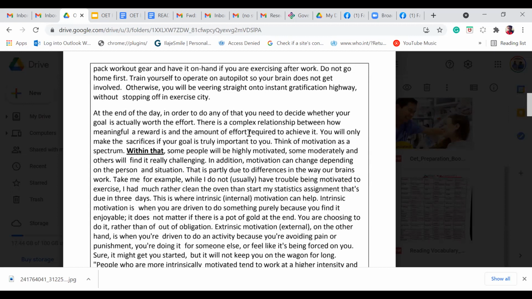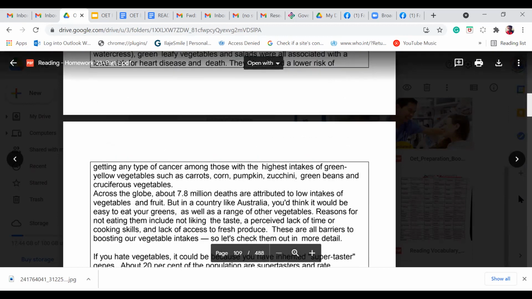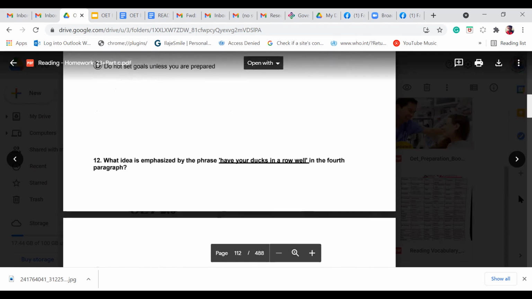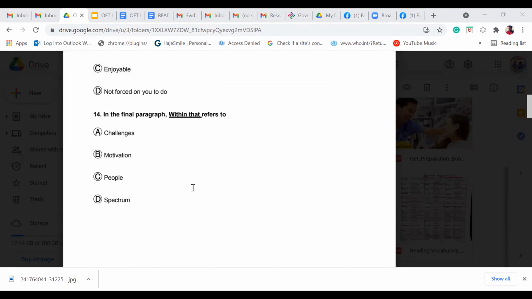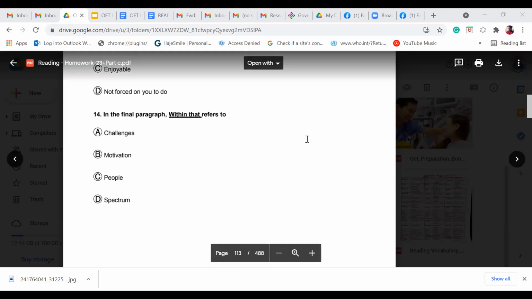So what are we talking about? I found my answer. What is your answer? 14, A, B, C, or D? The answer is D. Yeah, it is D, 14D. That's very right. So D is talking about it as a spectrum. If you agree with me that D is the answer for question 14, put it in the chat box or in the comment section. If you disagree, write your own answer and tell us why.